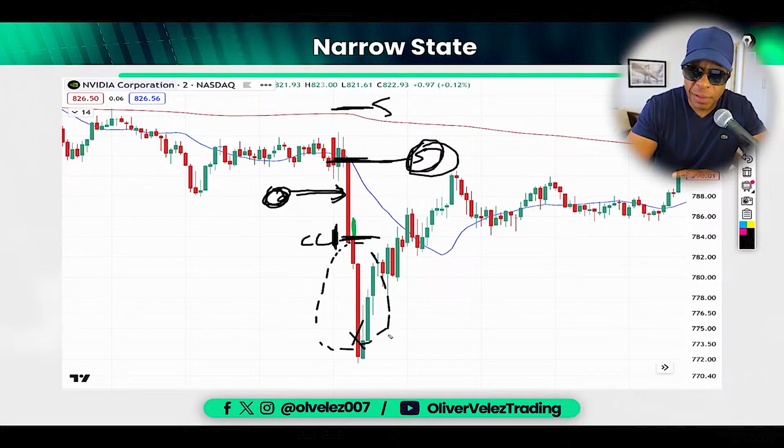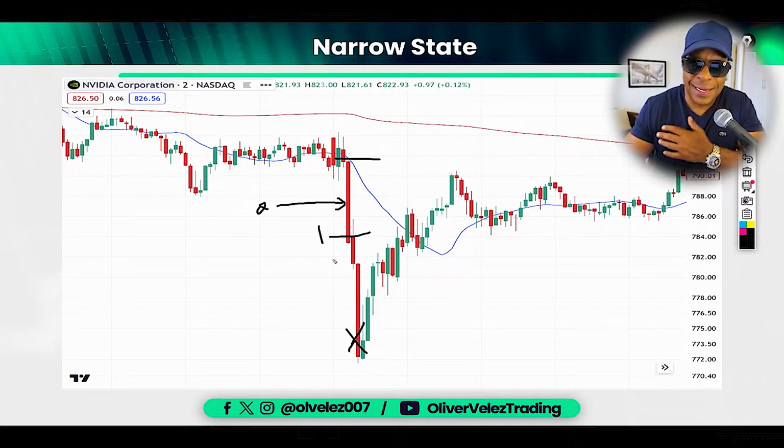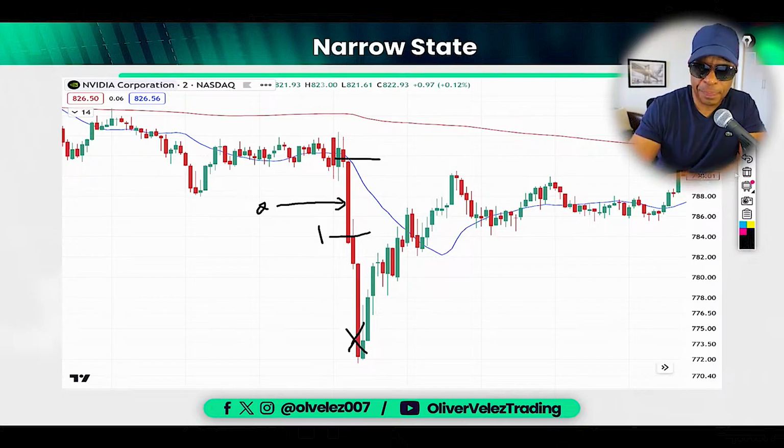And we'll talk about this a little bit more in detail. So I've added the next step for you. So it goes like this, guys. Power bar entry, stop, color change add, profit take, that's the next step. Okay?